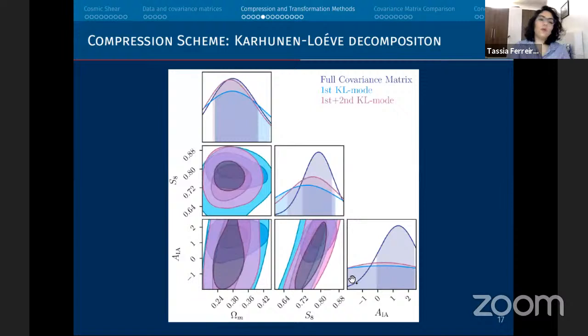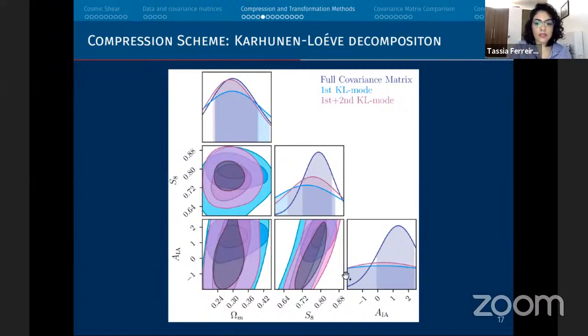And so we did that, and the results for these, as I said, with only one KL mode, so for the highest compression that you can get, are not much better than the ones that I showed before, especially for S8 and the intrinsic alignment parameter A. Now, if you add another KL mode, you see that omega m, the constraints are better reproduced.